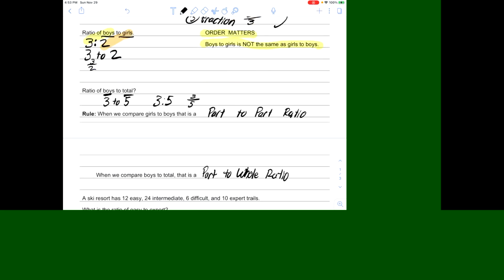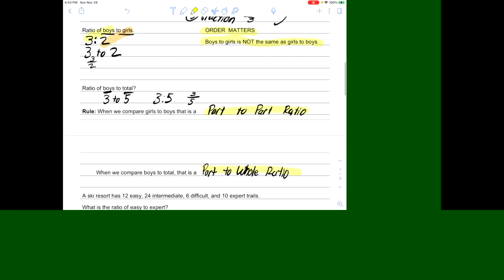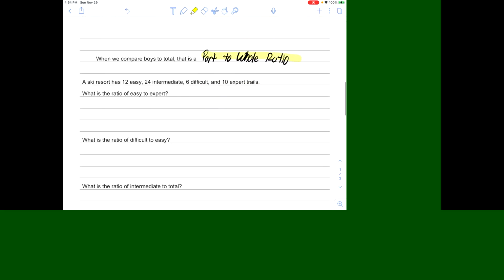We're comparing the part of the group that is boys to the entire group. These are 2 very different things if we're comparing 2 parts or if we're comparing one part to the whole thing.